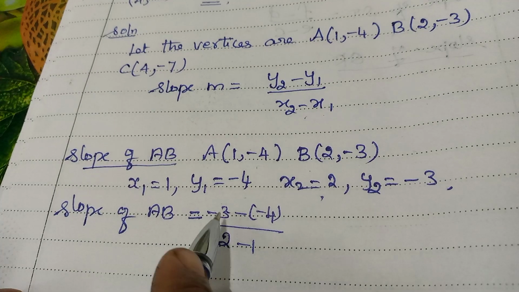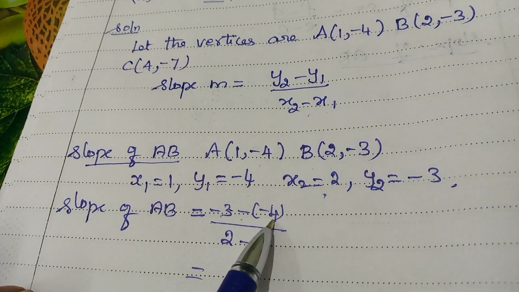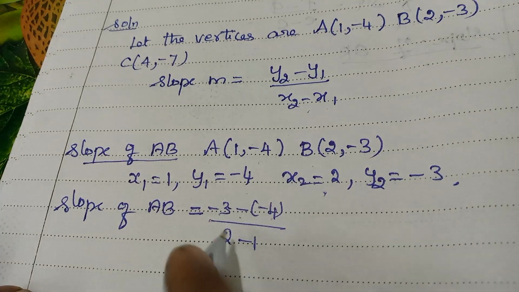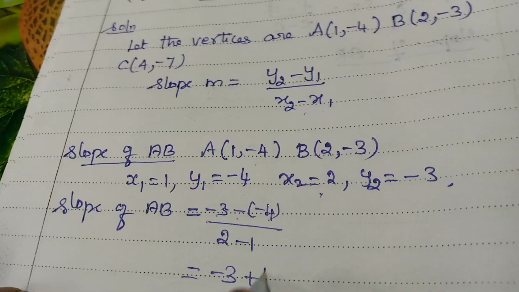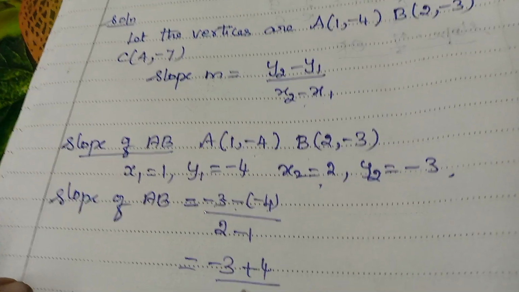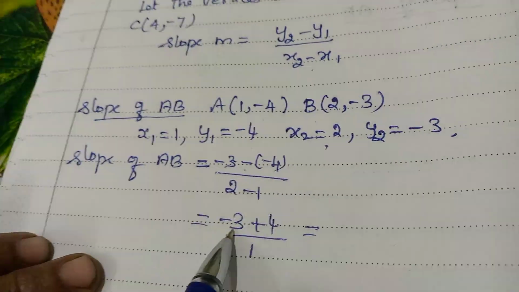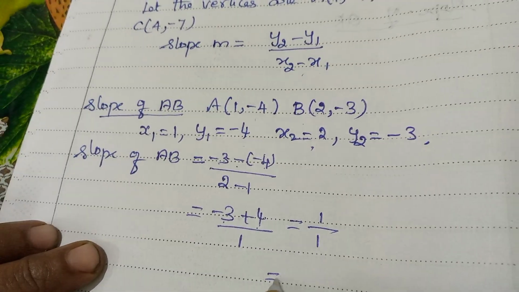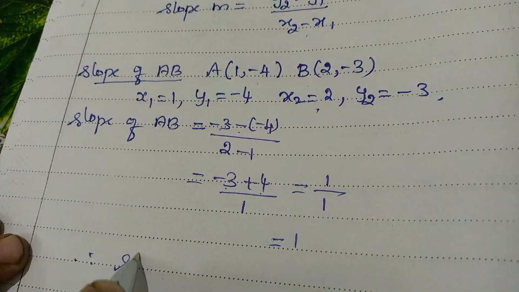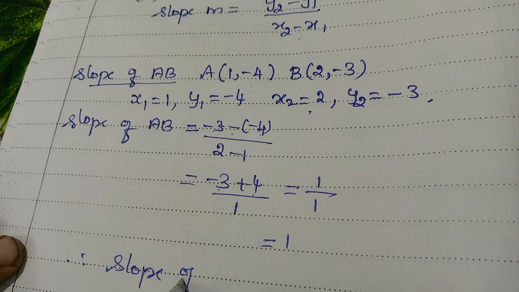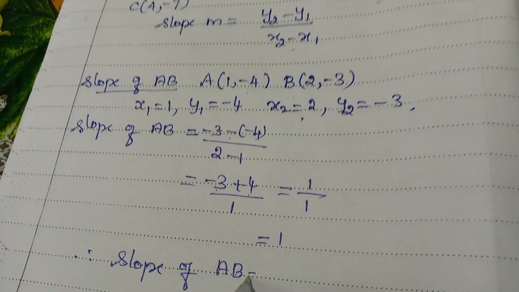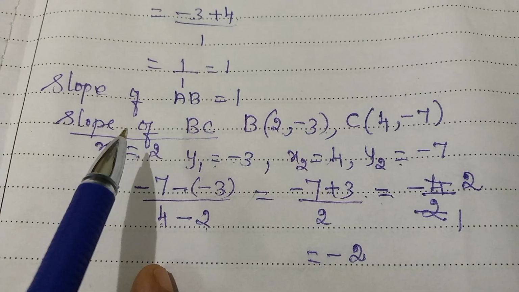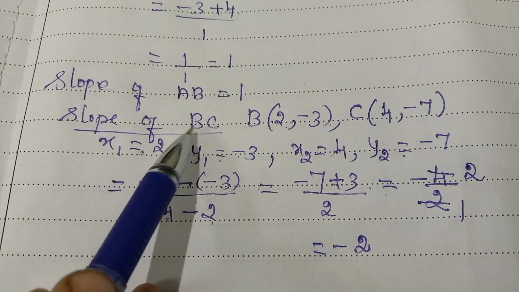Minus into minus means plus, so we get minus 3 plus 4 divided by 2 minus 1 is 1, which is equal to minus 3 plus 4 is 1 by 1, which is equal to 1. Therefore, slope of AB is equal to 1.